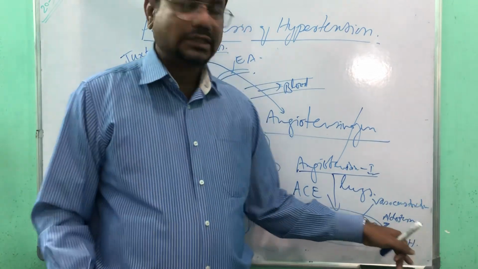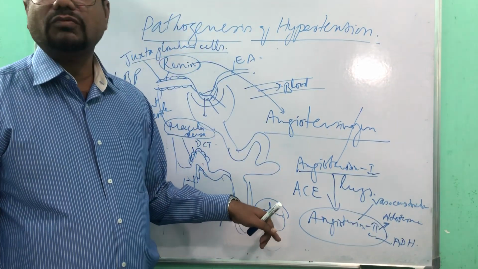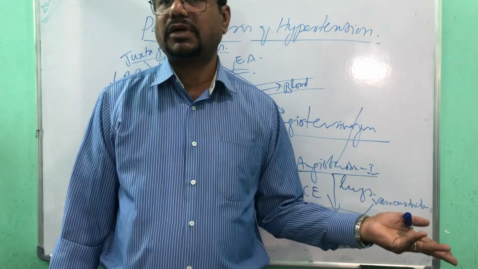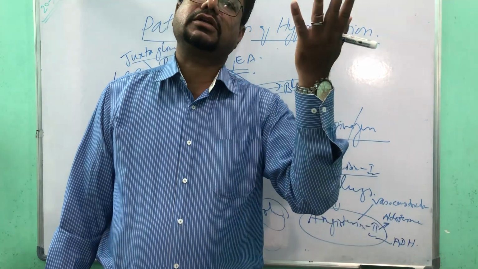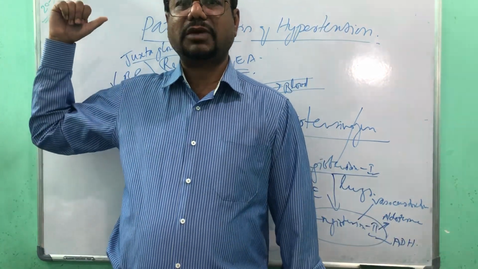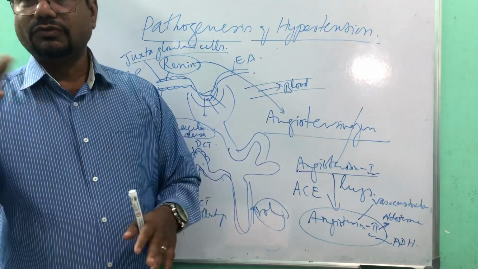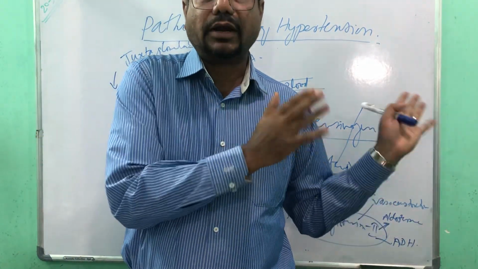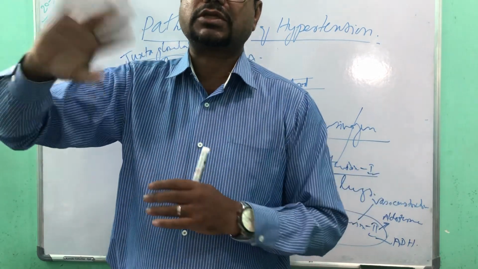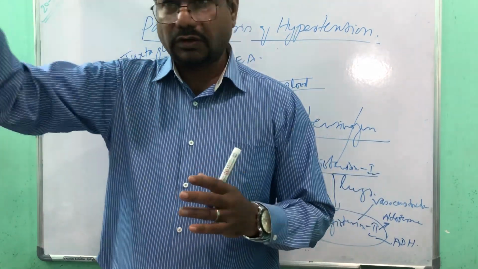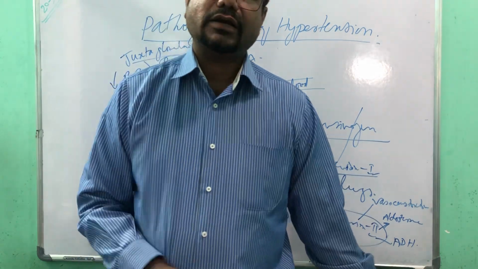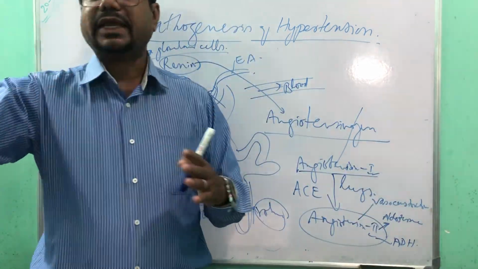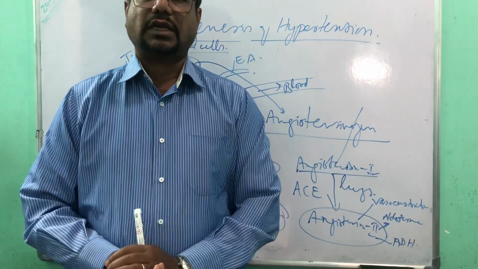Volume increases. Once the volume increases, what happens to the blood pressure? Blood pressure increases. Ultimately, the decreased blood pressure has been increased in these ways. If the blood pressure decreases, our auto-regulatory mechanisms will increase it. If it is increased, it will decrease, by making it balance. That is natural.